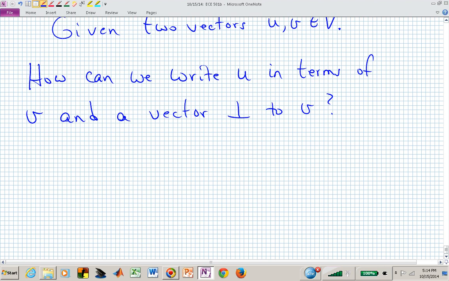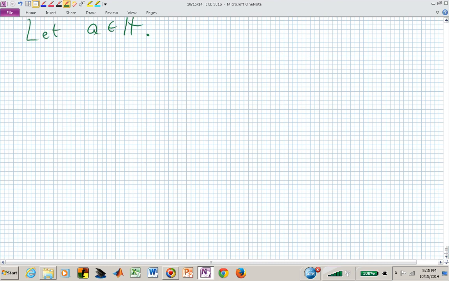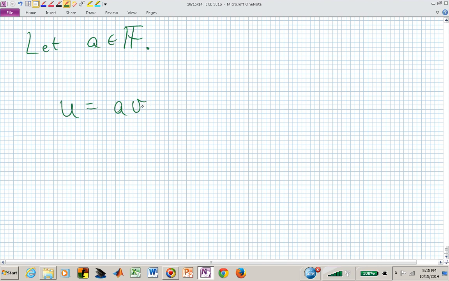Now to do that, let's just pick a scalar, a, that's yet to be defined, but it's in our field of numbers. Now what we want to do is play a little bit fast and loose with how we write this vector u. Suppose u is some scalar multiple of v and some vector that's orthogonal to that.